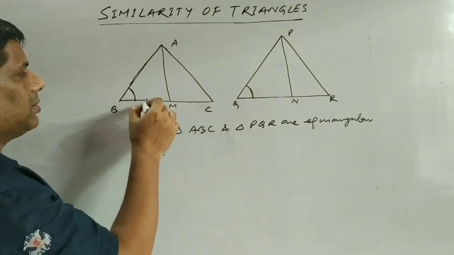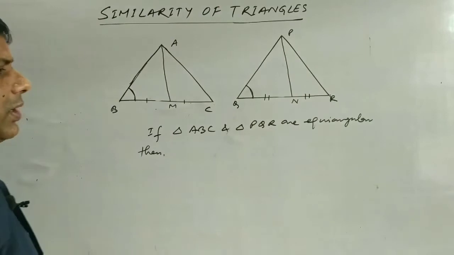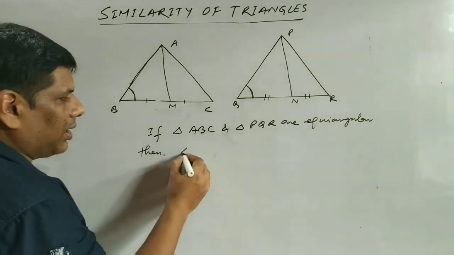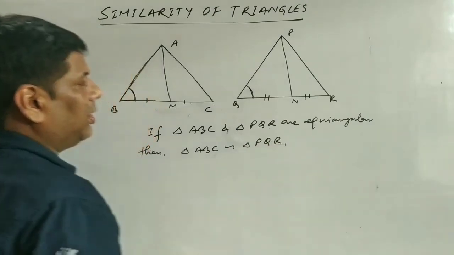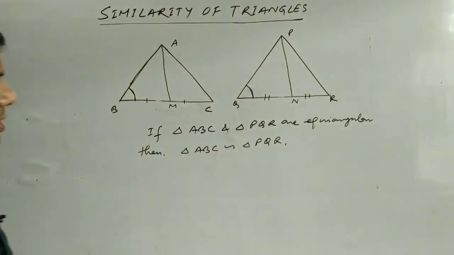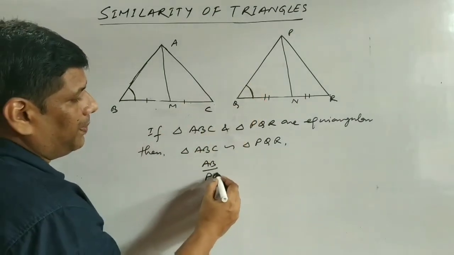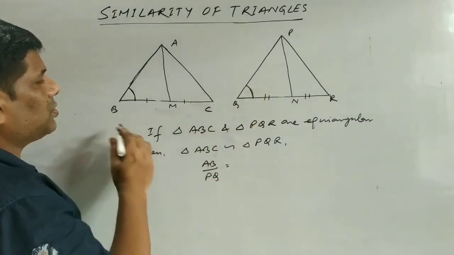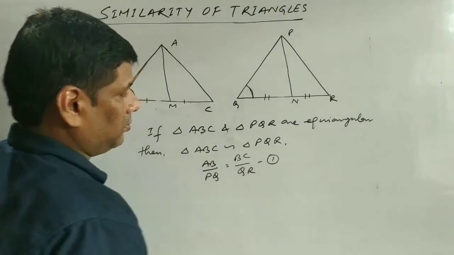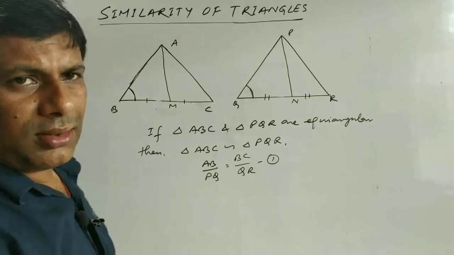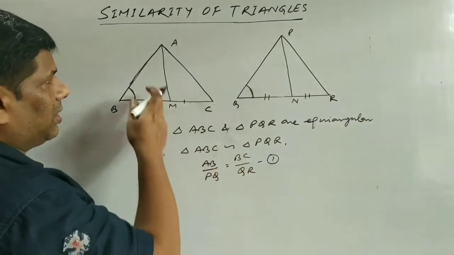This equals to this and this equals to this. So if two triangles are equiangular, then triangle ABC is similar to triangle PQR. If these two triangles are similar, then we can write AB by PQ is equal to BC by QR, because if two triangles are similar, then the ratio of corresponding sides will be equal.